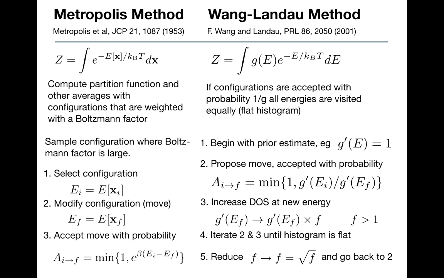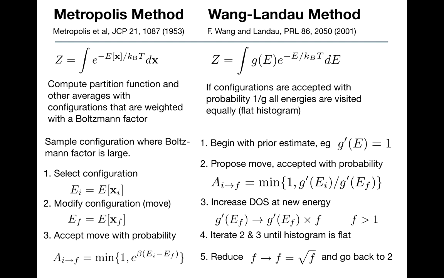Depending on this, we either accept or reject the move, and then we update the density of states by multiplying it with an update factor at the new energy point the system ends up with.